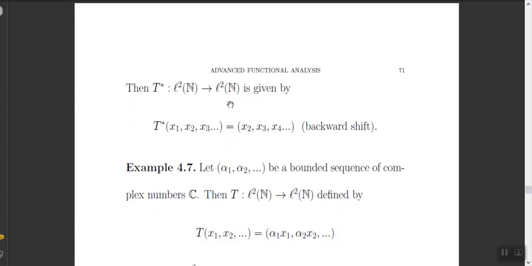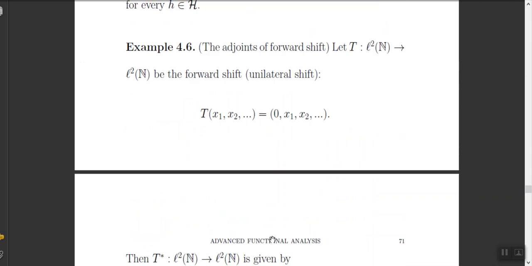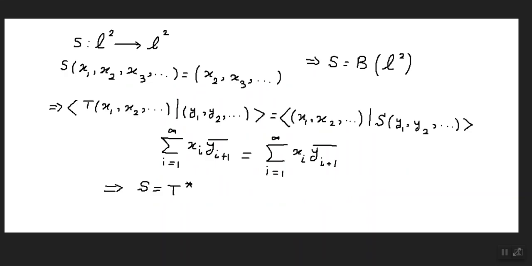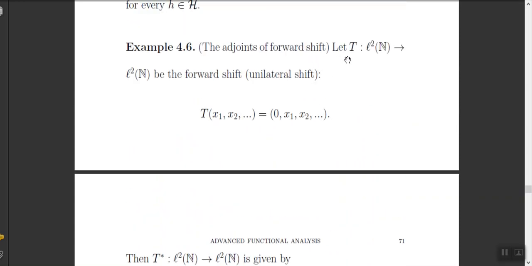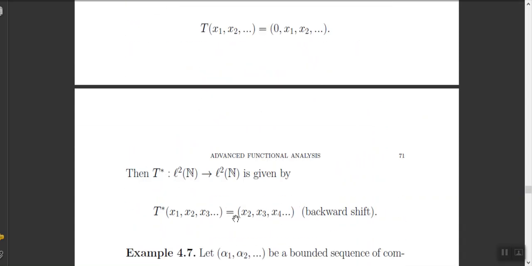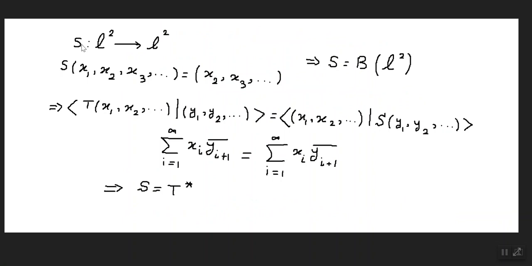Okay, we are going to check why T star is this. I have done it here for you. Look at here. We want to show that the adjoint of the unilateral shift T is T star, which is the backward shift. Okay, look at here. We define an operator S on L2 like this: S maps (x1, x2, x3, ...) to (x2, x3, ...), a kind of backward shift.